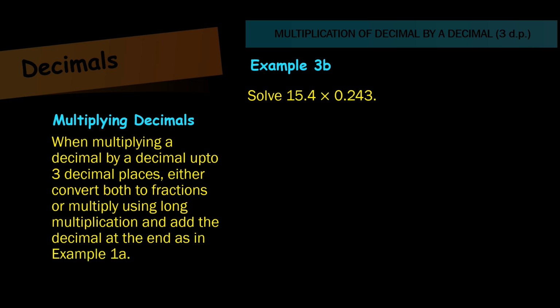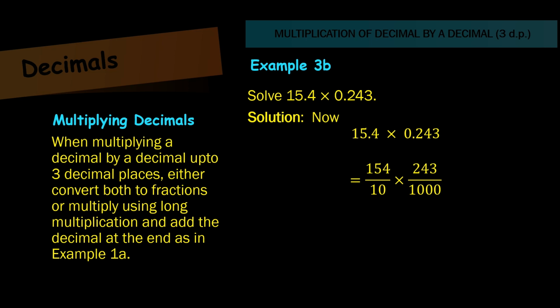Let's try another example. Again, convert the decimals to fractions. Move the decimal point in the first decimal once to the right and divide by 10. And move the decimal point in the second decimal 3 places to the right and divide by 1,000.